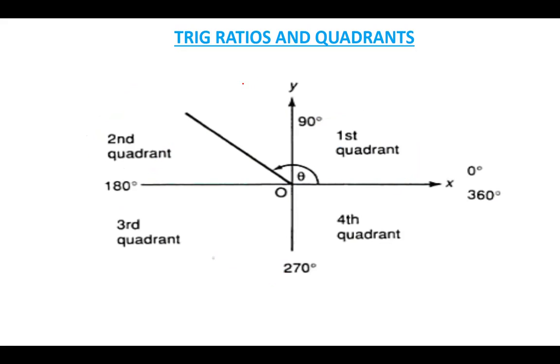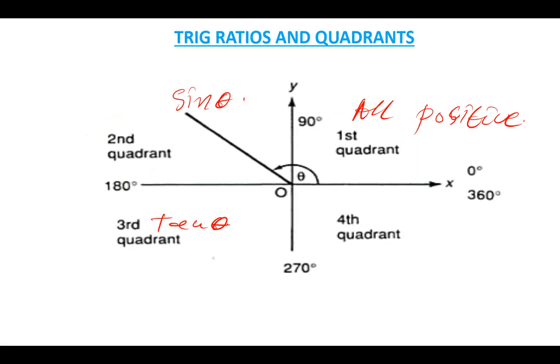So in the first quadrant, we know that all trig ratios are positive. And then in the second quadrant, only sine theta is positive. And then in the third quadrant, only tan theta is positive.